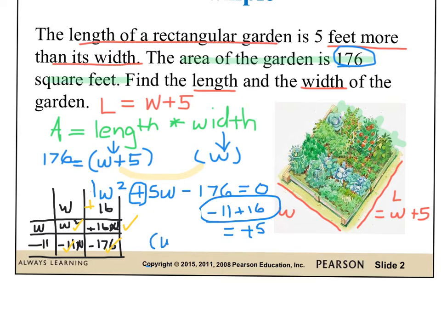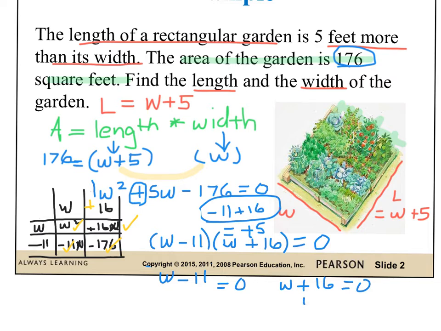And so our factors then are W minus 11 and W plus 16, and that product is equal to 0, which means either W minus 11 is equal to 0 or W plus 16 is equal to 0.